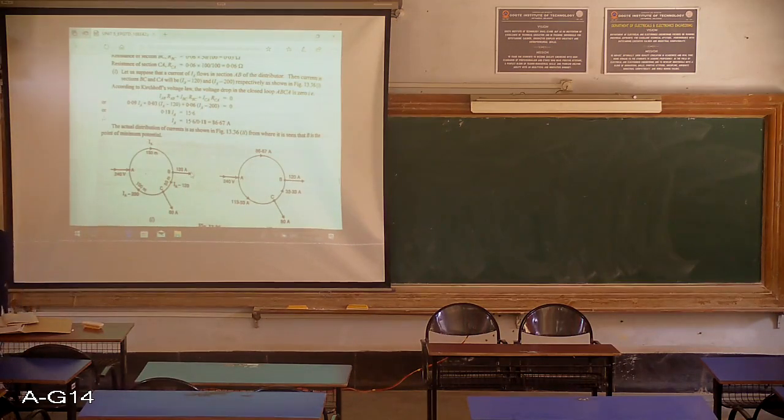And what they have told, at C 100 meters in the opposite direction, a current of 80 amperes is taken out. Okay, so this is what is the given data.